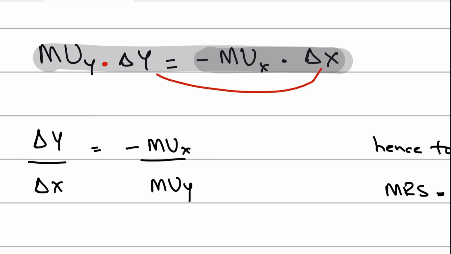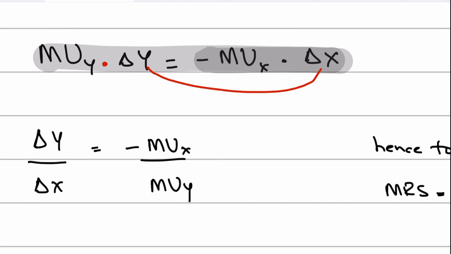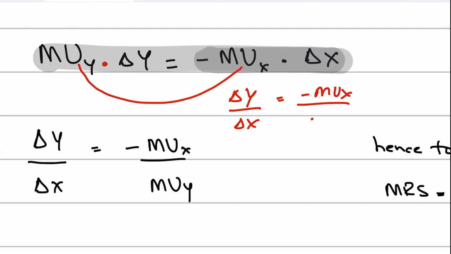If I divide the change in Y by the change in X, then obviously I need to divide MUX by MUY so that the equation is satisfied. So the equation could be rearranged like this: the change in Y divided by the change in X is equal to minus MUX over MUY, right?